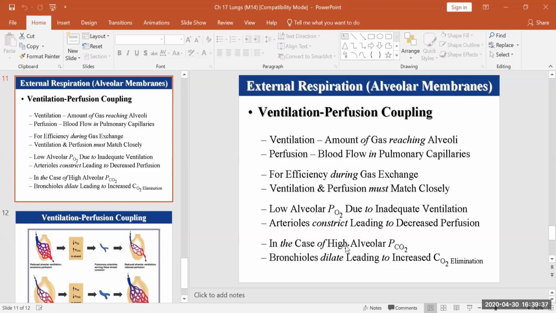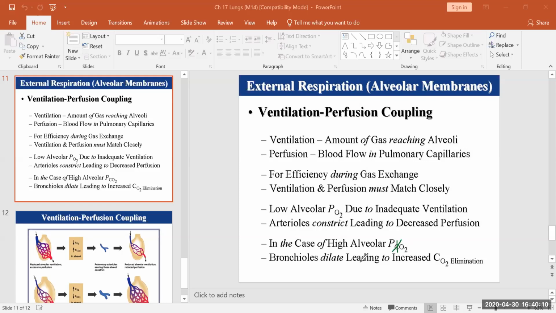In the case of high alveolar PO2, bronchioles dilate, leading to increased CO2 elimination, because if you have a lot of air in the alveolus, the arterioles upstream of the capillary bed will dilate.